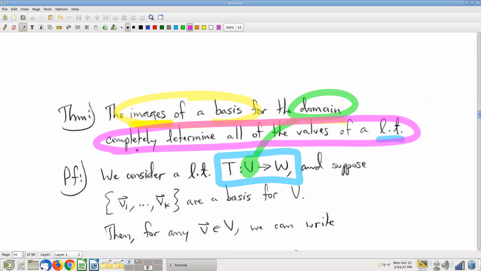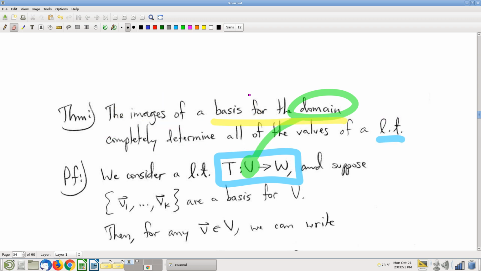There's infinitely many vectors in three-dimensional space, and I'm saying that if you tell me what T does to just these three right here, just that little bit of information about T, I'll tell you the rest of the formula for the remaining infinitely many vectors in the domain. It seems absolutely outrageous. I'm going to prove it, and then I'm going to come back and tell you why this is important.